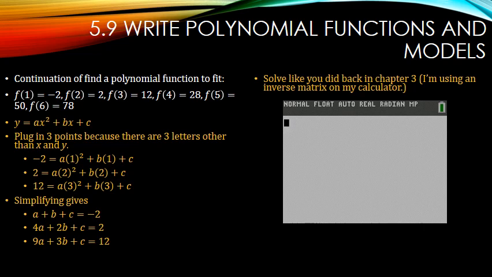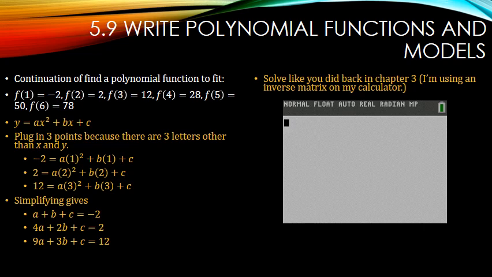Now to solve this, remember, is the inverse matrix times the constant. So we hit matrix, pick matrix A, raise it to the negative 1, times matrix B, enter, and there you go.